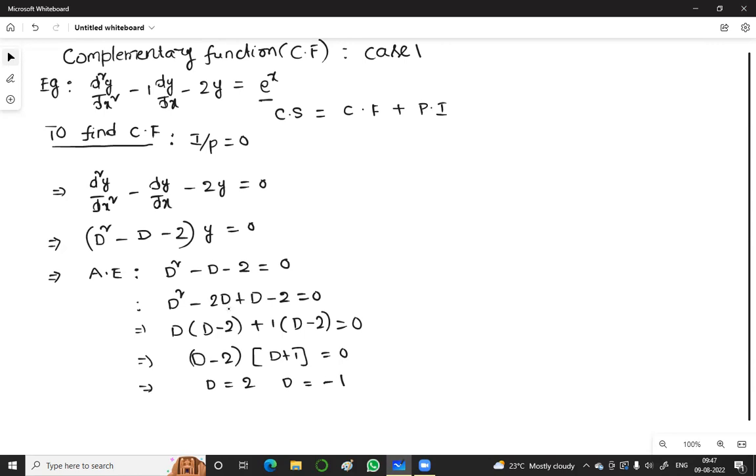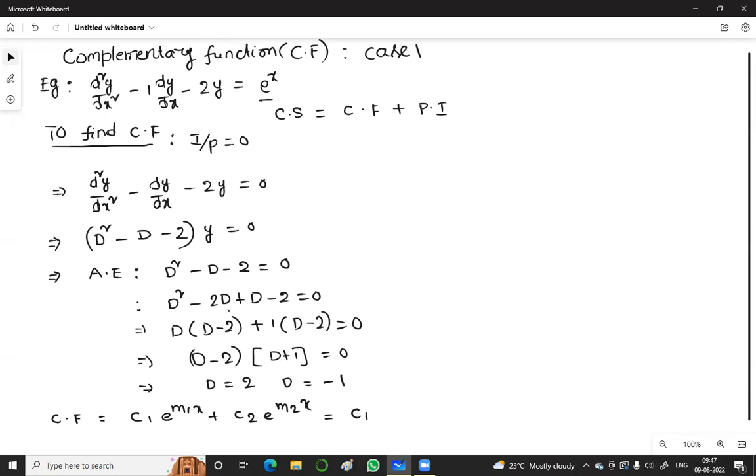Now straight away you can write the solution. I told you already, if m1 and m2 are the roots, how it looks like. What is the complementary function? There are two roots or two eigenvalues in this equation, so two arbitrary constants will come. So c1 into e to the power m1x plus c2 into e to the power m2x. That's it.